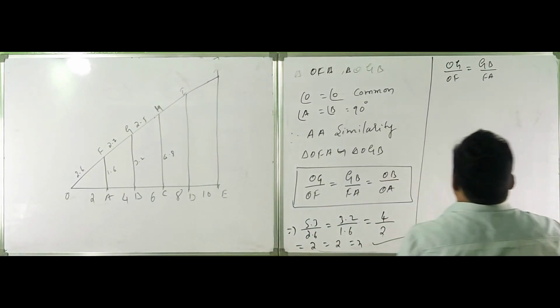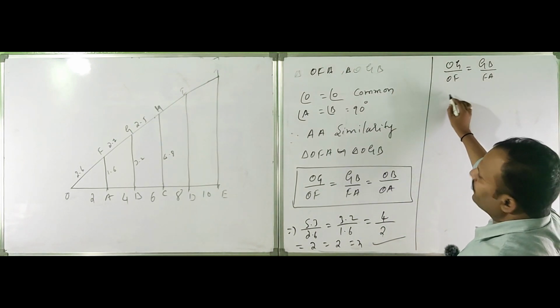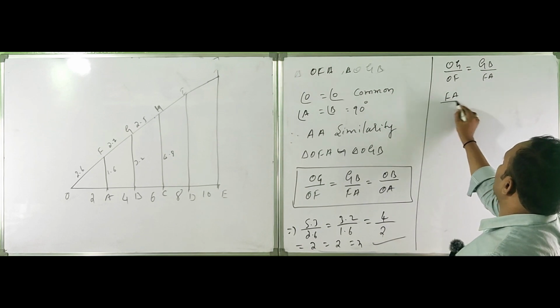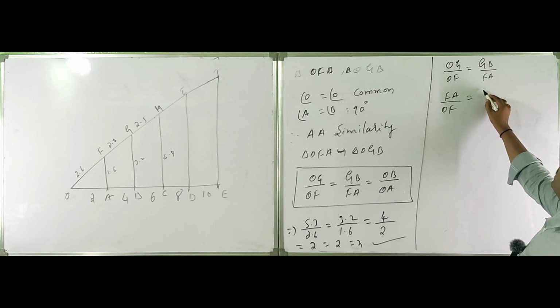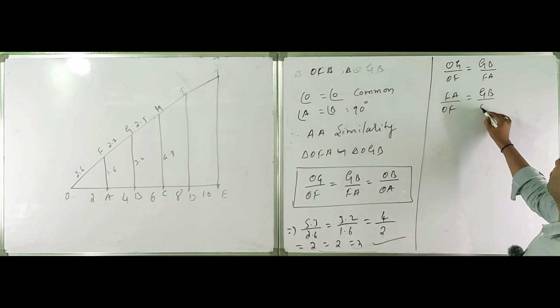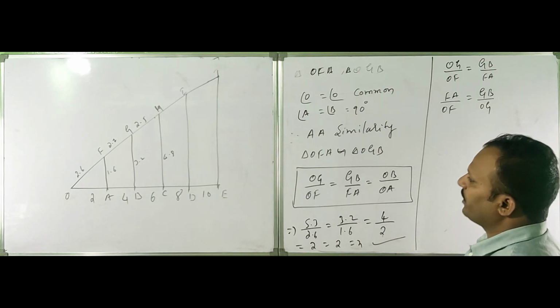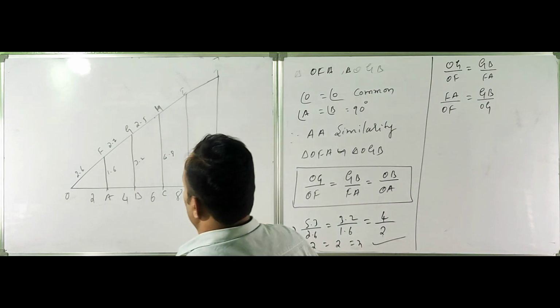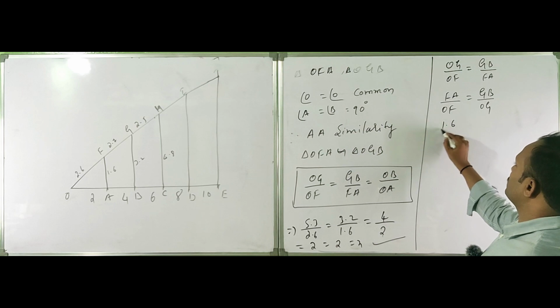OZ by OF, just a cross multiplication. What I am doing is FA by OF is equal to GB by OZ. What is FA here? FA is 1.6 and what is OF here?